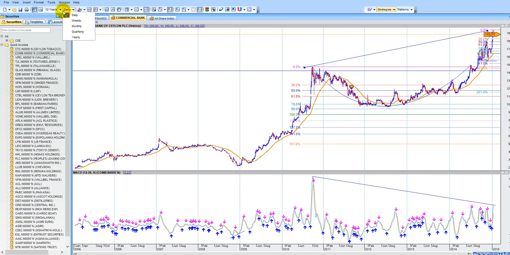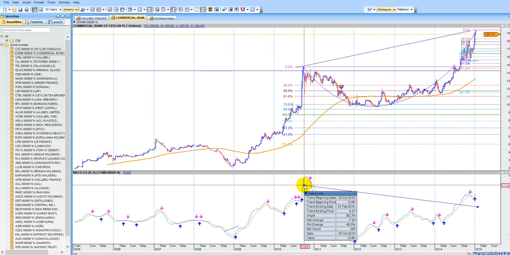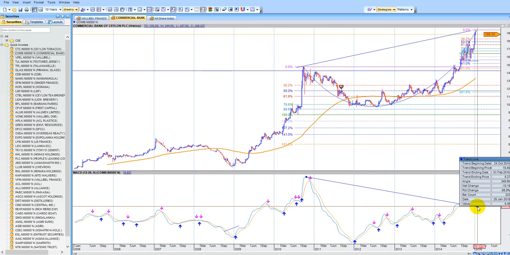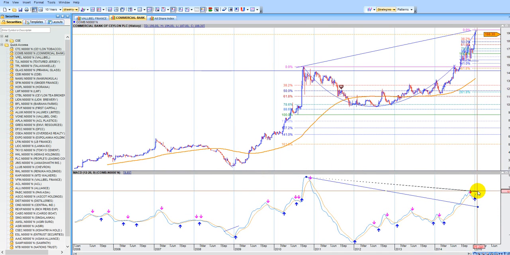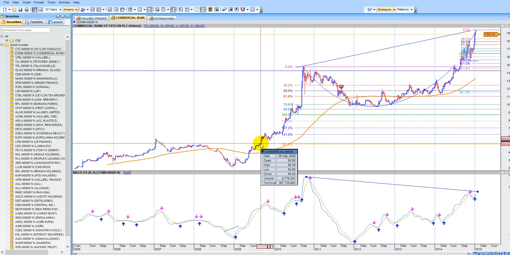If you look at, let's see the weekly, it will be much clearer for you. So we are basically here. Okay, so here you see the divergence.